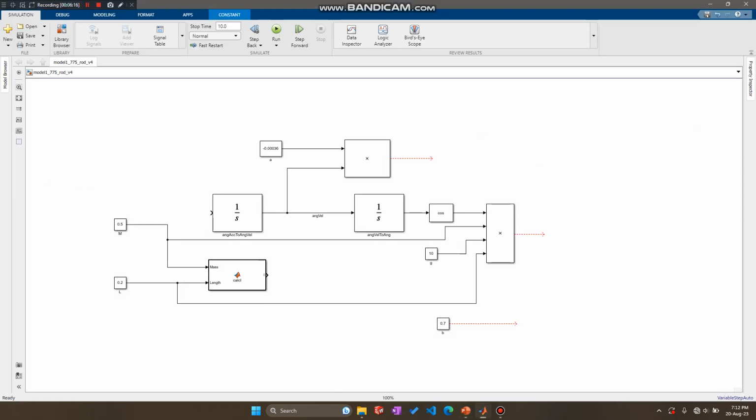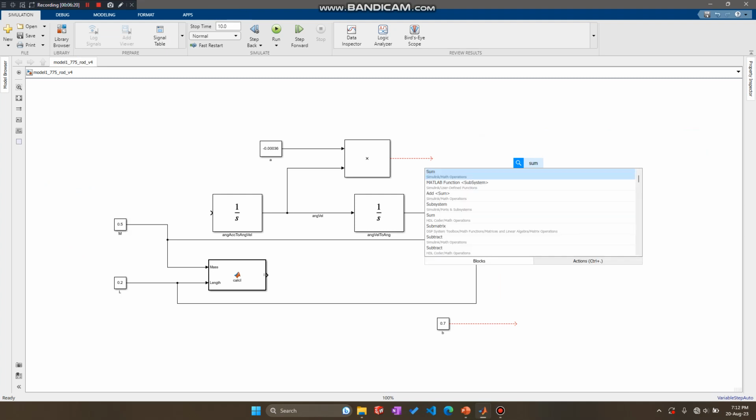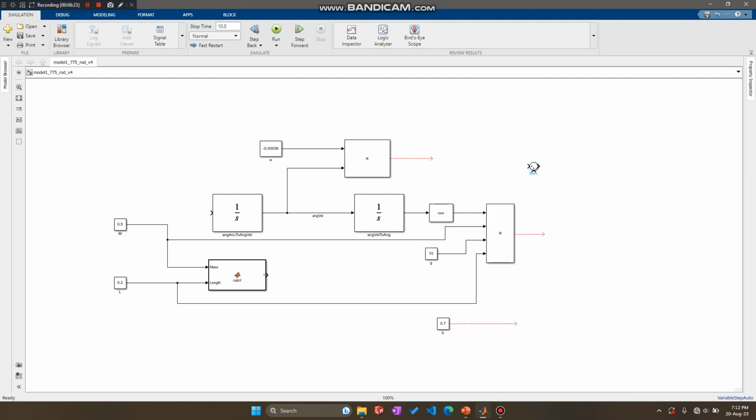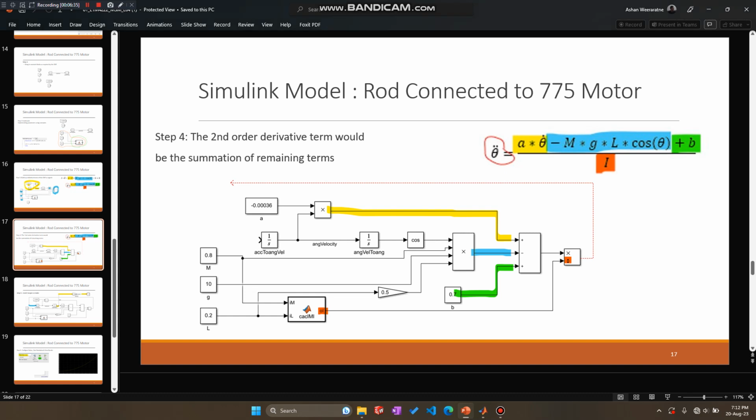So first let's bring up a sum block to sum these three terms. By default the sum block can only facilitate addition of two signals. We'll modify it so that it will facilitate the addition of two signals followed by a subtraction of a third.